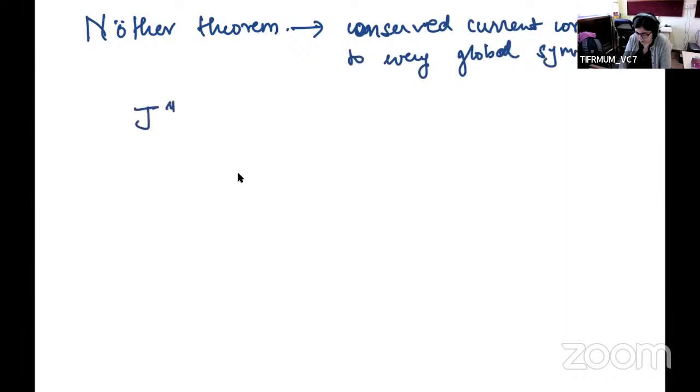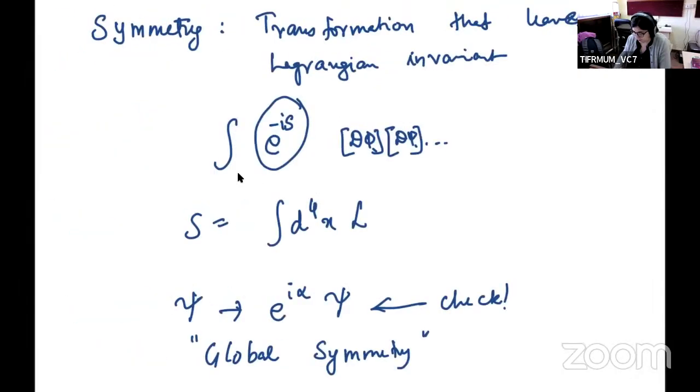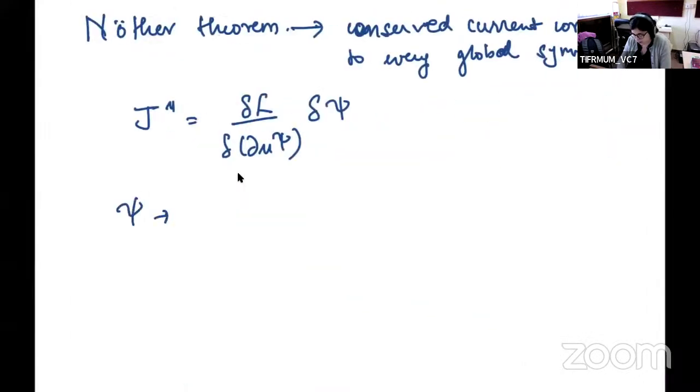And that current is given by this formula. So you had psi going to e to the i alpha psi, which is just approximated for small alpha.